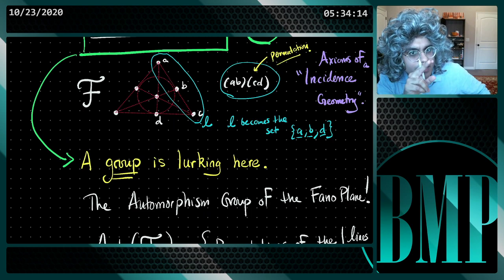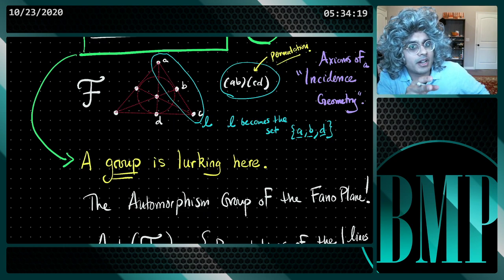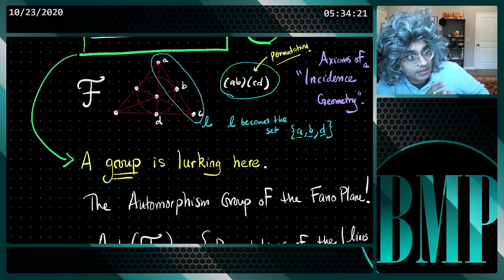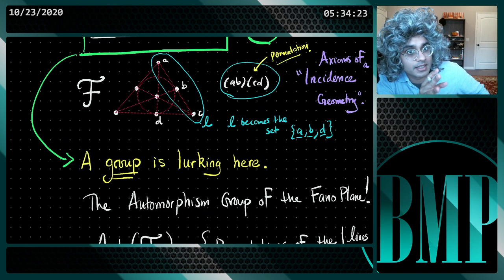Question: does the subset called L become another line? That's all I'm asking. Let's look at it. What happens to the 3 dots that are in this line called L?